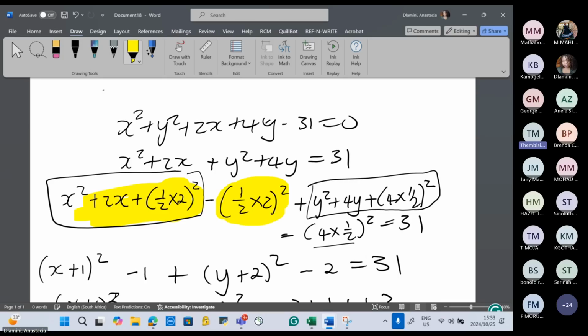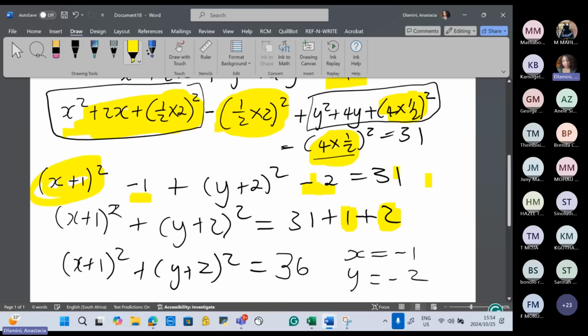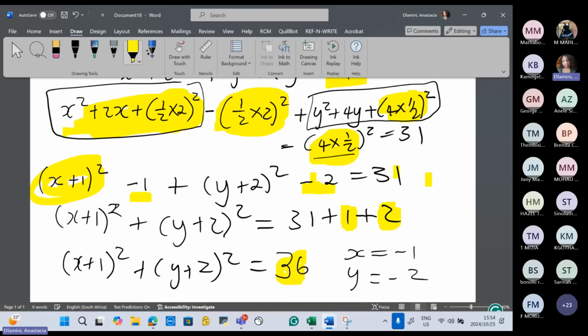And you added this one and subtract it again. You took the 31 to the other side and simplify. That one that you added becomes positive 1 on the other side, and this part becomes positive 2. So 1 plus 2 plus 31, that's the 36 that I got.